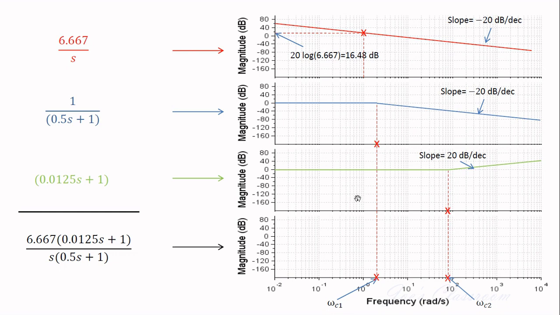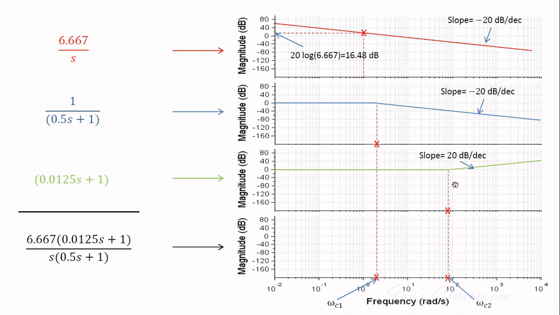There are two corner frequencies corresponding to these two first order terms, and one corner frequency is at 1 by 0.5, that is equal to 2. This is 1 and this is 2, and this is another corner frequency which is 80. So this is 10 and this is going to be 80. So the corner frequencies are marked.